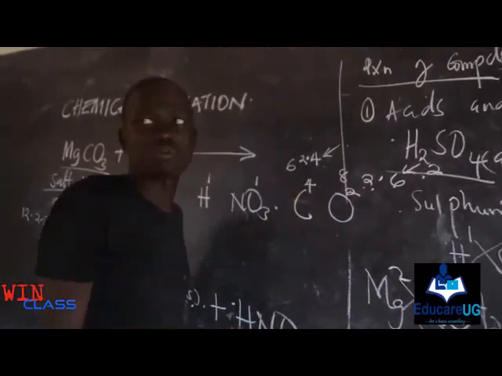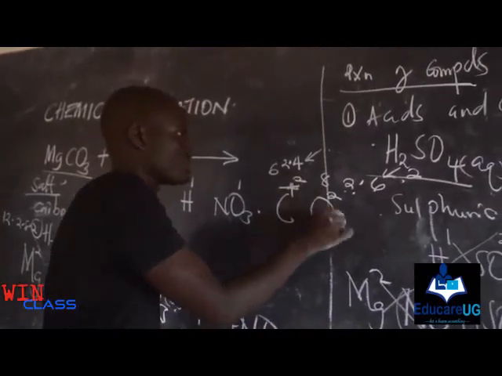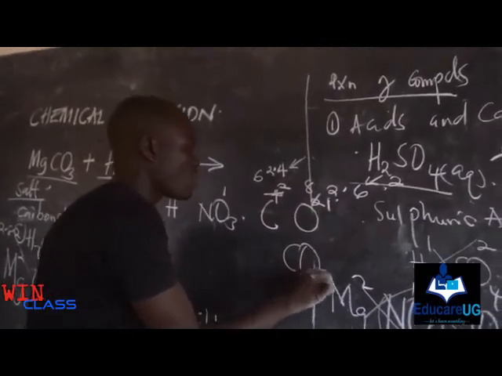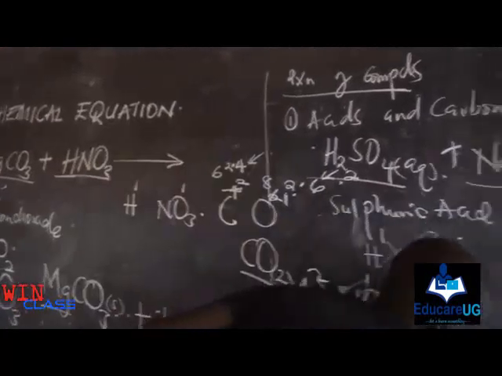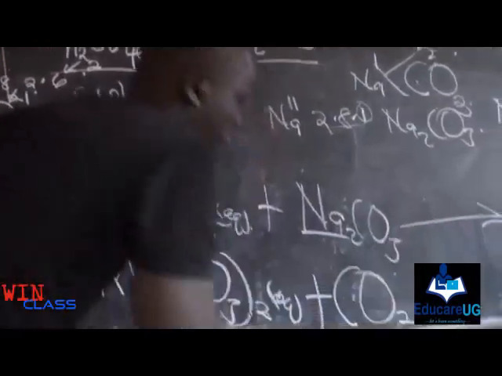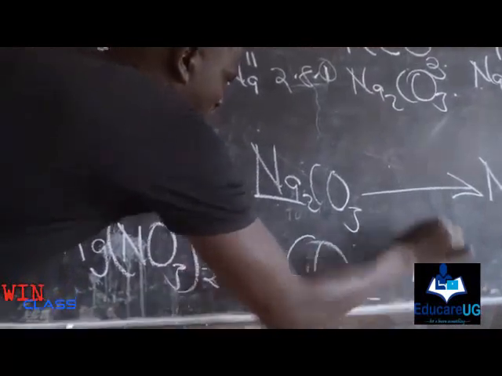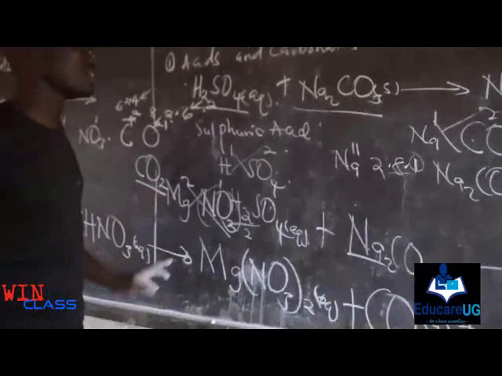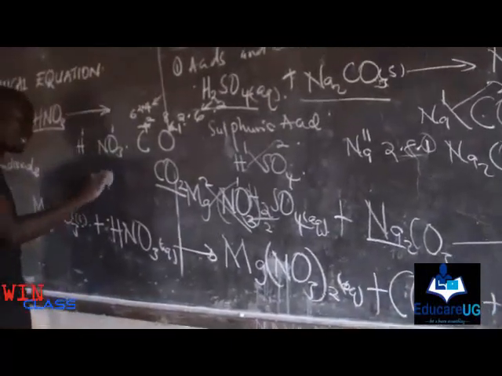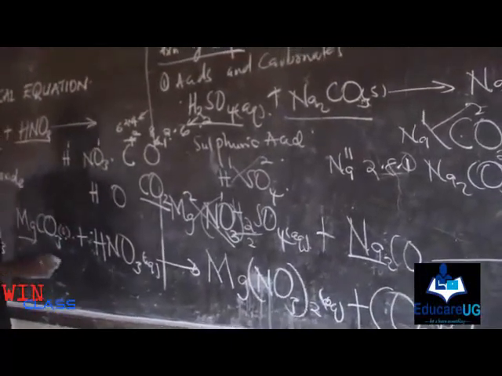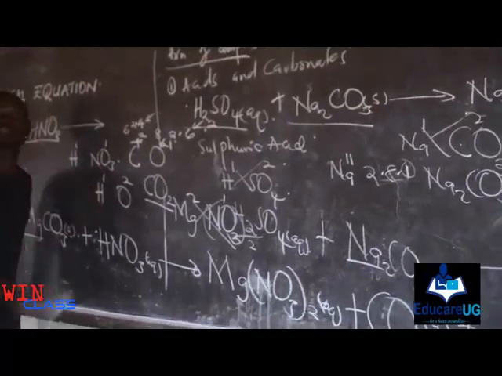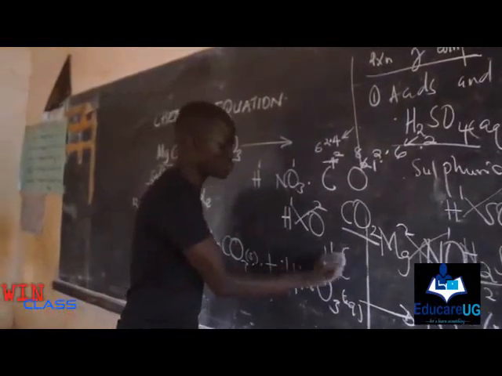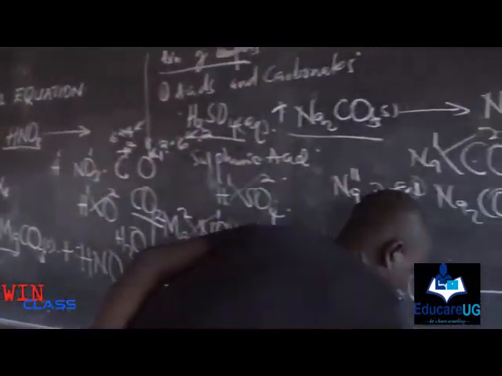Since the valences have a common factor, we reduce this to 2 and this to 1, and therefore when we combine, carbon dioxide exists as CO2. It is a gas. The other additional product is water, a compound of hydrogen and oxygen. The valence of hydrogen is 1, that of oxygen is 2. Crossing over, we end up having H2O, our water.